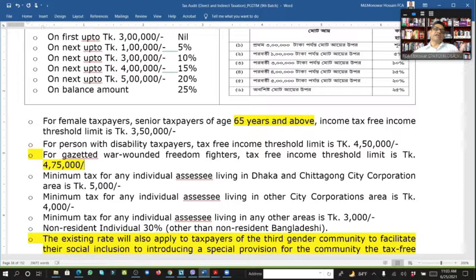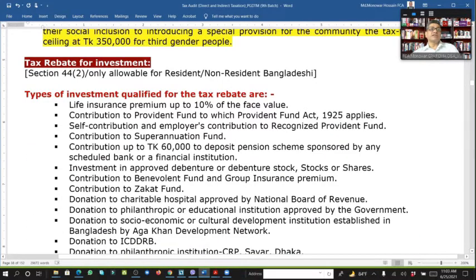Under section 44 subsection 2, residents and non-residents are allowed an investment tax rebate.